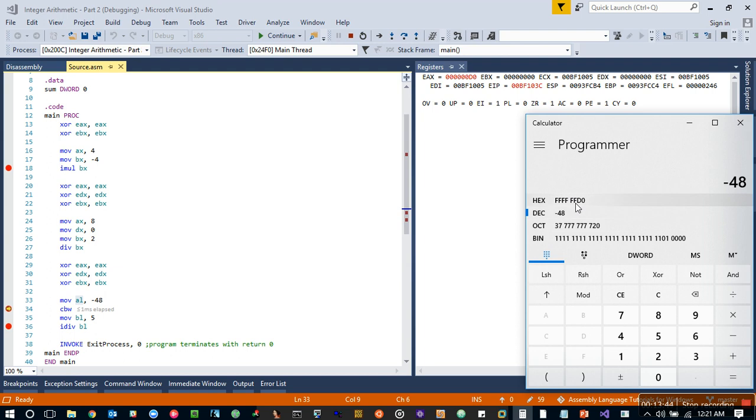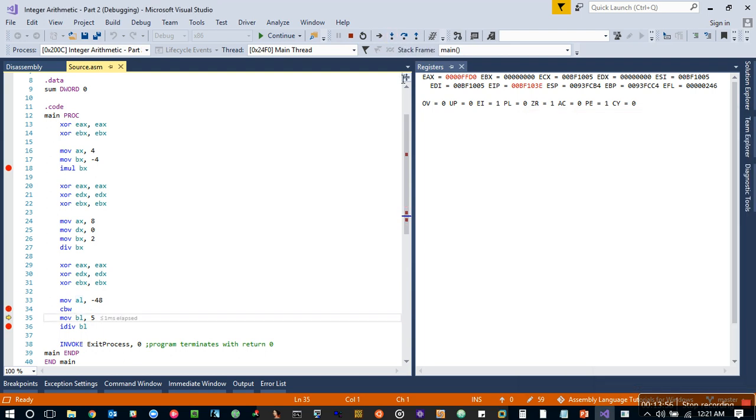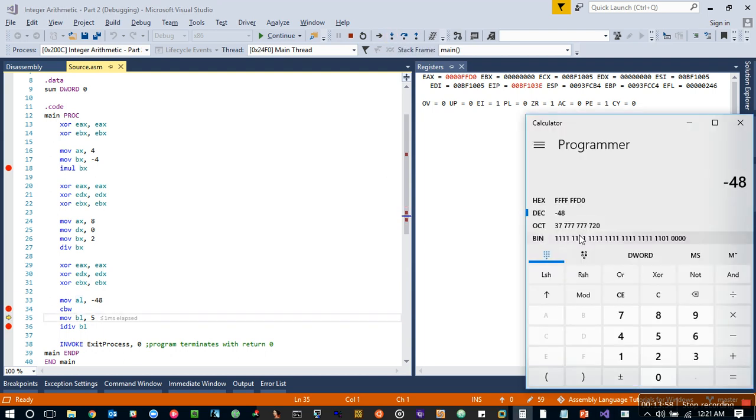So it is FFD0, but we haven't reached the FF part. The next instruction, CBW, convert byte to word, takes care of that. And sure enough, it took care of that, FFD0. It's converting that into the proper format. Had it not been done, if we had divided, we would have got something completely different.